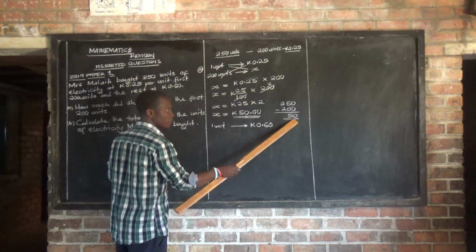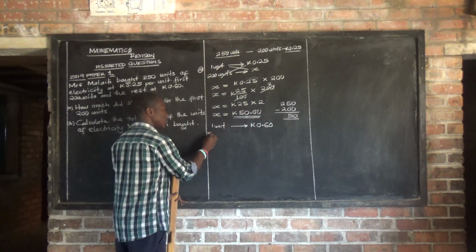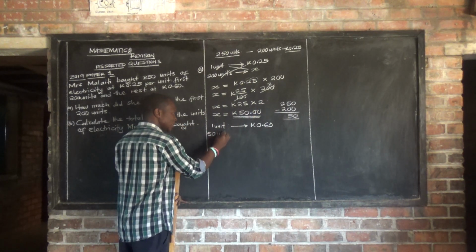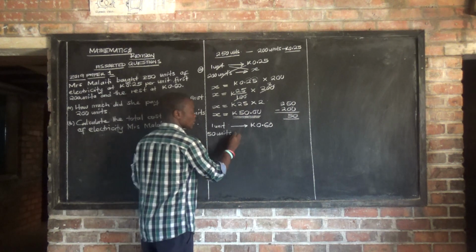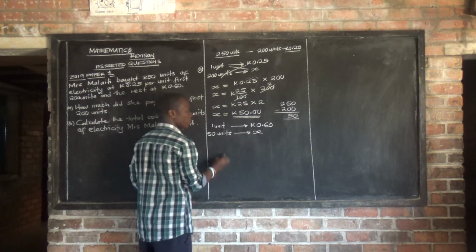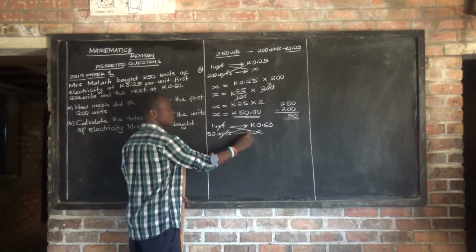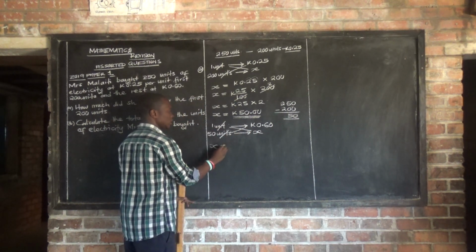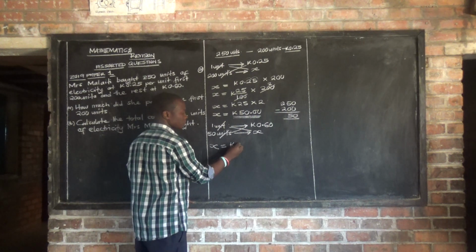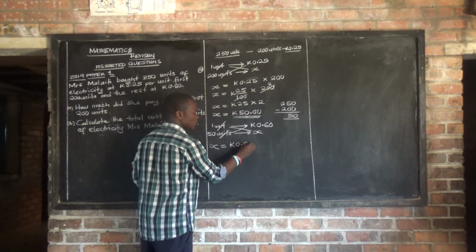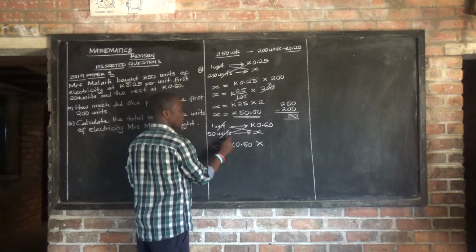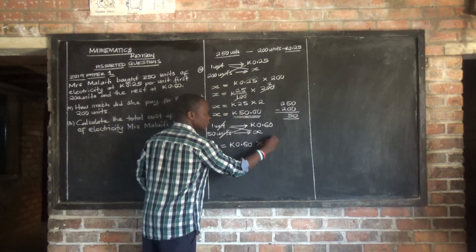The remaining 50 units is equal to x. So cross multiply: 1 times x, x is equal to 0.60 multiplied by 50.